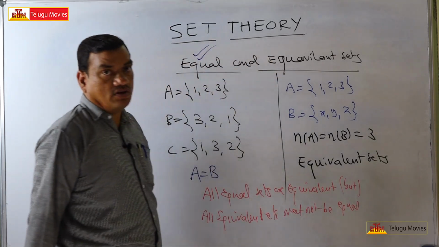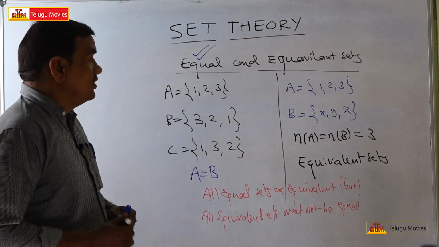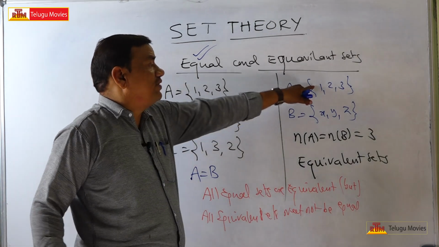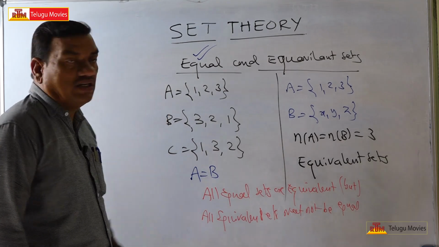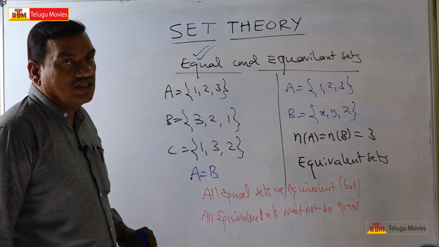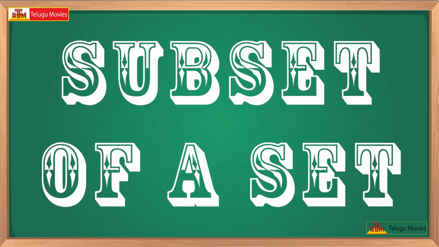Understand this? Here simply one-to-one correspondence is there, that is enough. Okay? So I hope that you understand this concept. So let us go for the next concept.